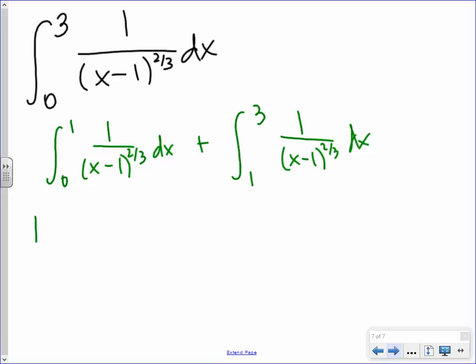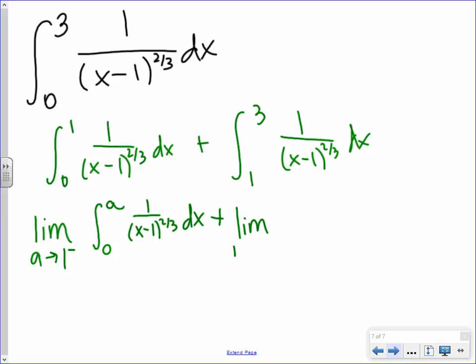I'm going to write this as the limit as a approaches 1 from what side? Plus the limit as b approaches 1 from the right of b to 3.